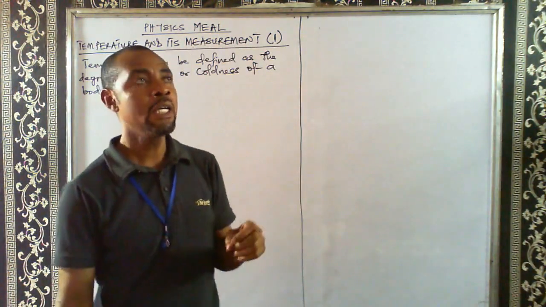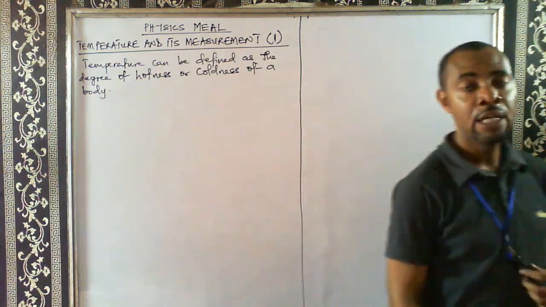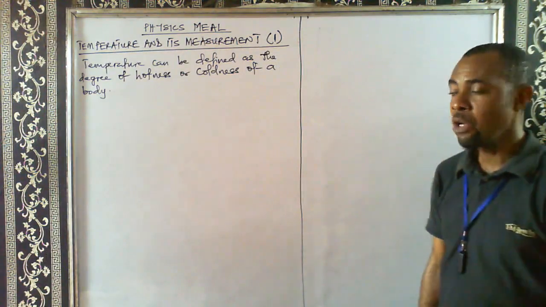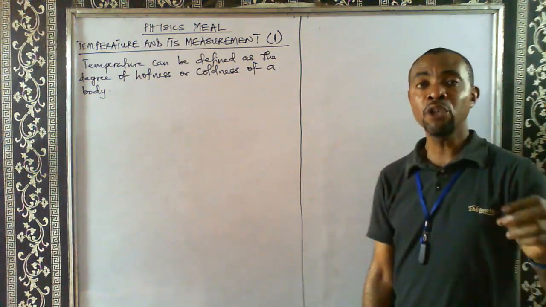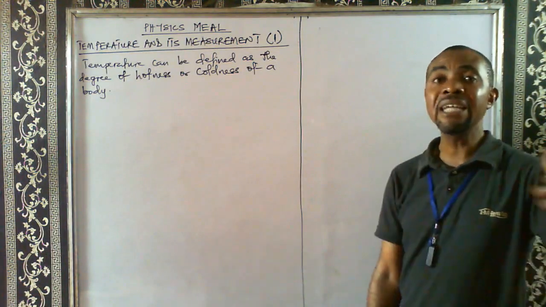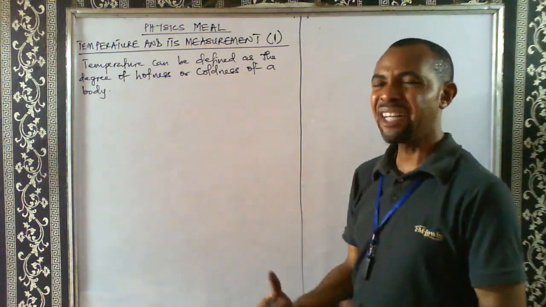We can also say that temperature is a thermodynamic property. We know actually that temperature is a thermodynamic property because we have different properties of thermodynamics. So temperature is a thermodynamic property that determines the direction of heat flow when bodies are together.